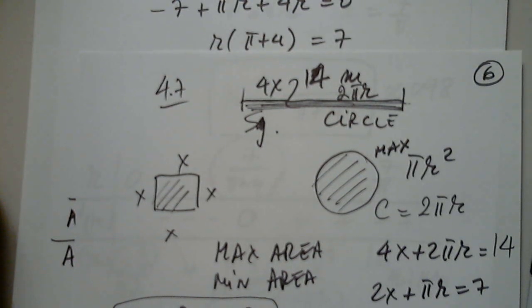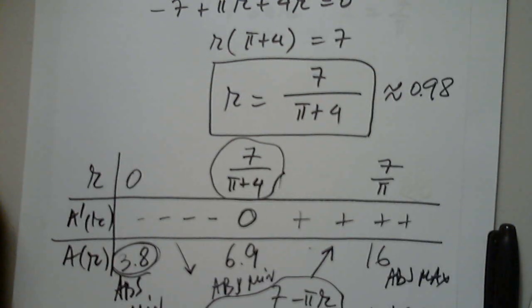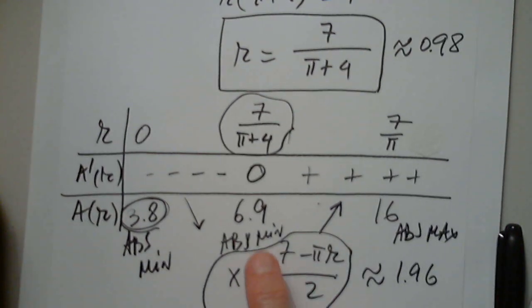Now, for the minimum, how much wire should be used for the square in order to minimize the total area? So we want, again, X for minimizing. So if you want to stop sharing, so X for minimizing, I have an error here.